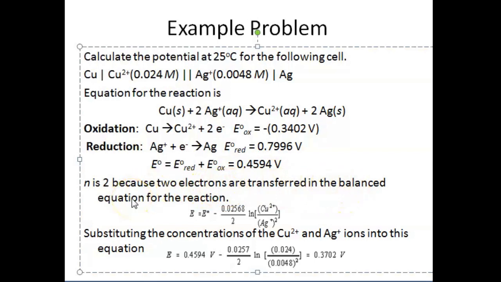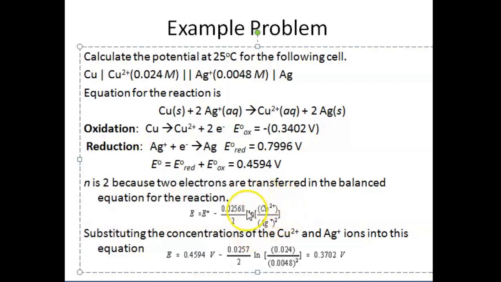Now if we write the Nernst equation, E is equal to E0 minus 0.02568 by 2 ln of Cu2 plus over Ag plus the whole squared.